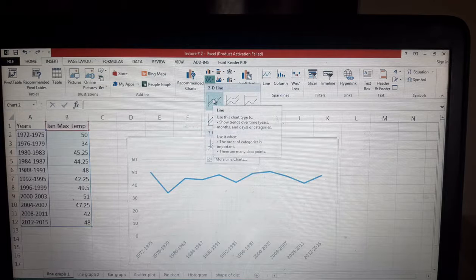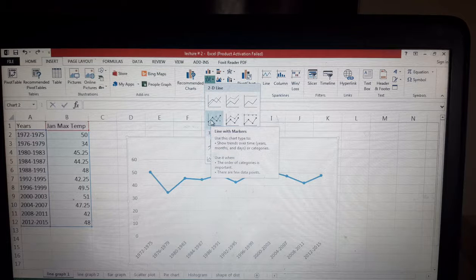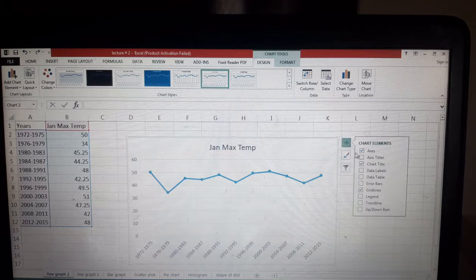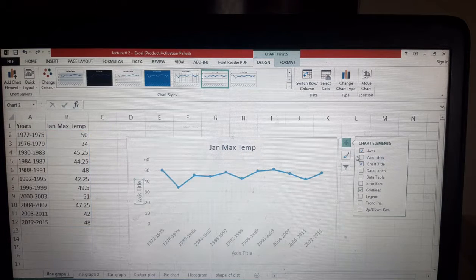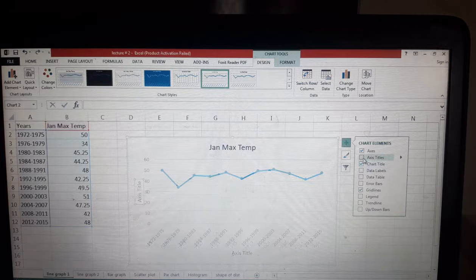You may select a simple line chart or line with markers, and I use line with markers. You can also add titles to the x-axis and y-axis by clicking the plus icon, then checking Axis Titles.